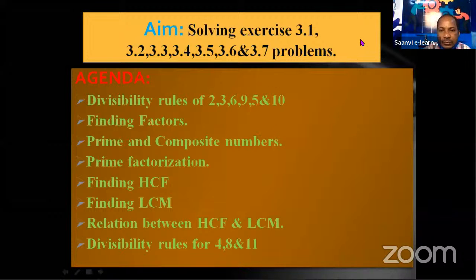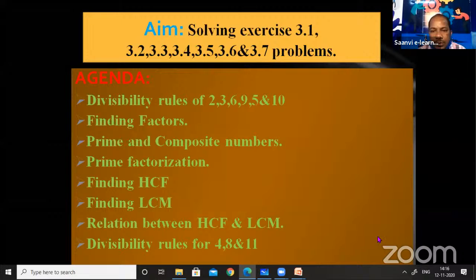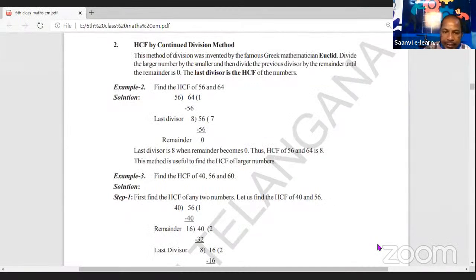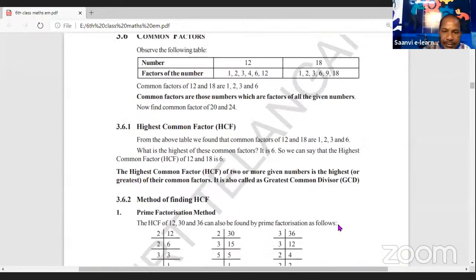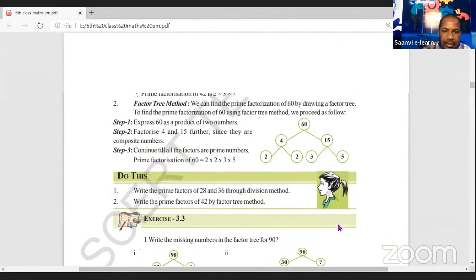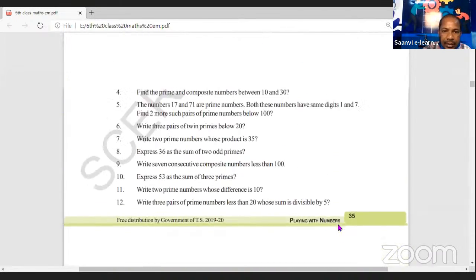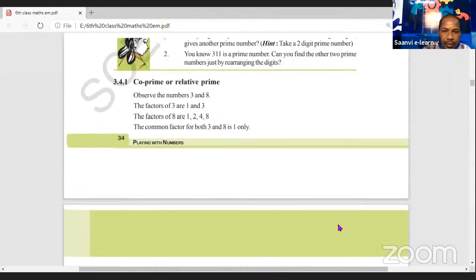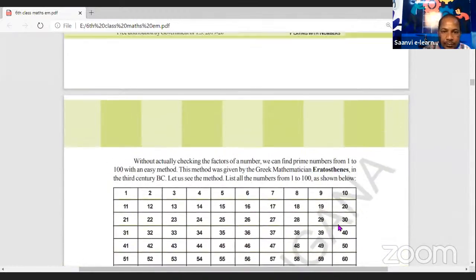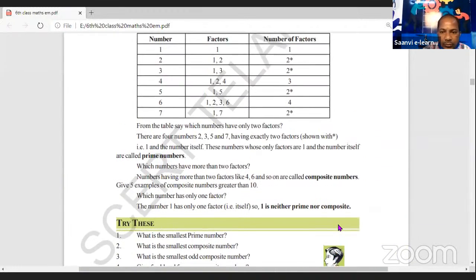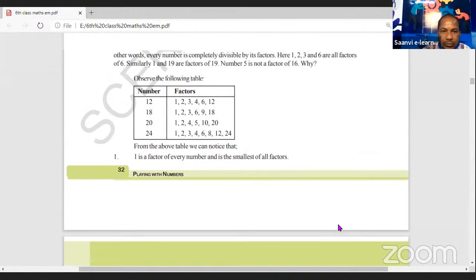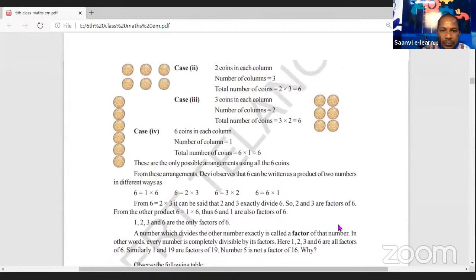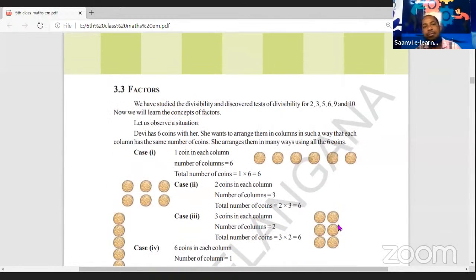What is a factor? A factor is nothing but a number which divides the given number exactly. That is called a factor of the given number. Okay, so let us see one example here. See factors.